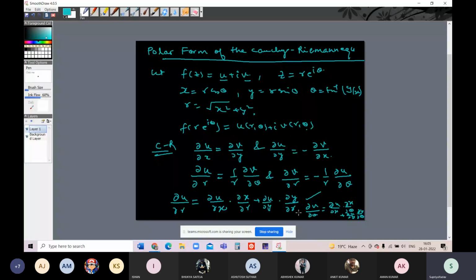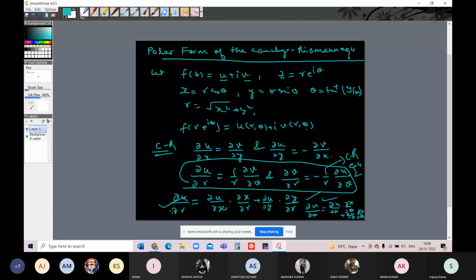So by using these equations, you can prove the polar form of the CR equation. ये काम आप कर सकते हैं. You can verify it.